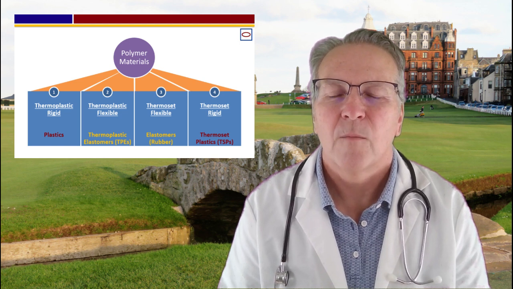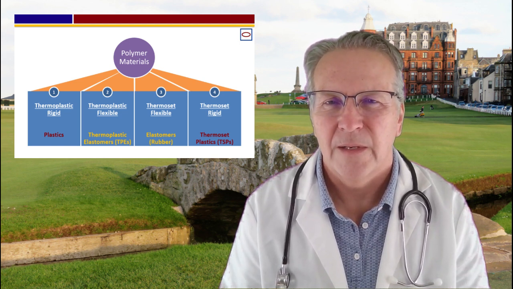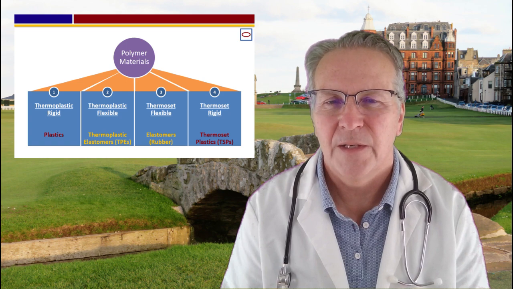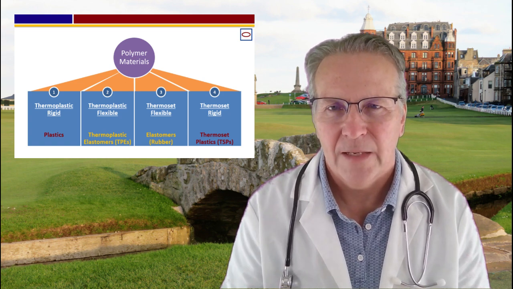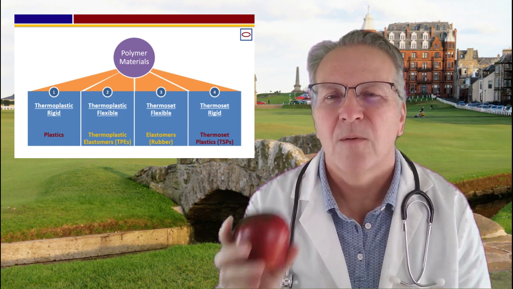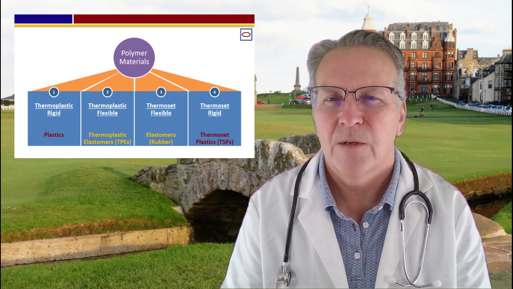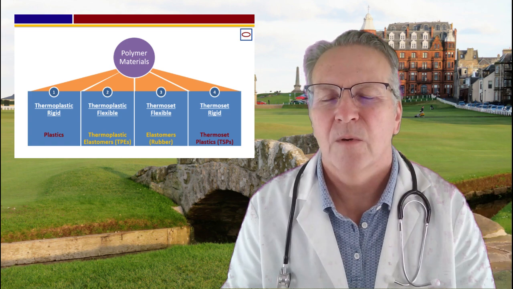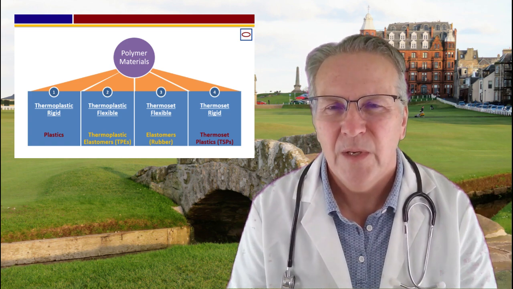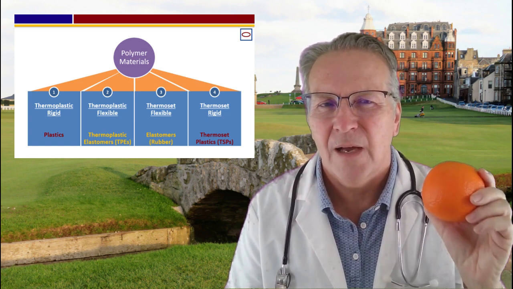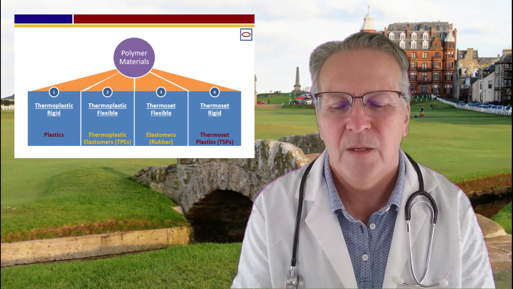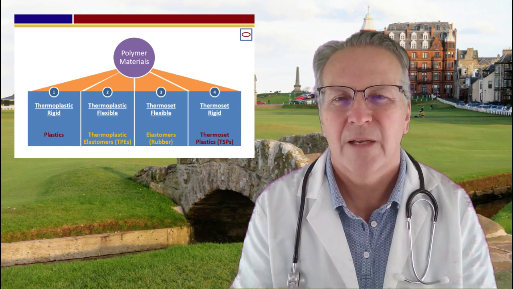When I'm thinking about the big four polymer materials, it's nice to use a fruit analogy to keep them straight. Plastics, I think of an apple. Elastomers, which are totally different and as a general statement don't compete, I think of an orange. But elastomers and TPEs do compete. So when I think elastomers orange, I think of TPEs as kind of like a tangerine.